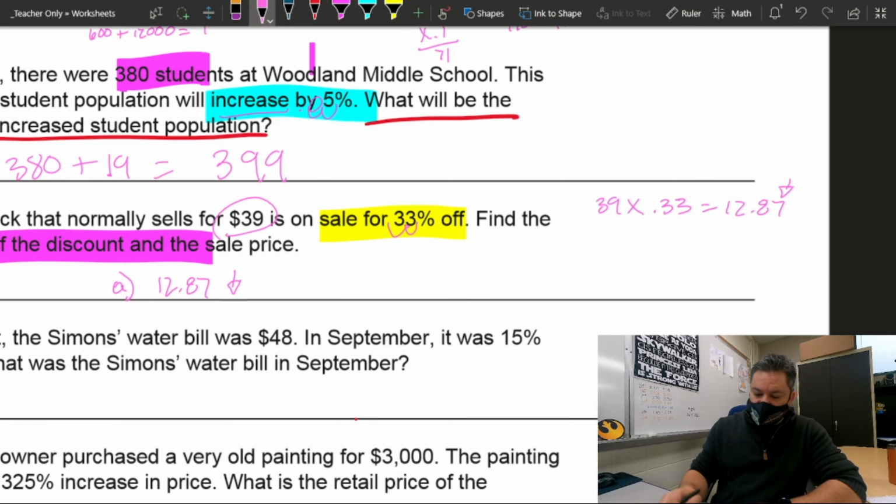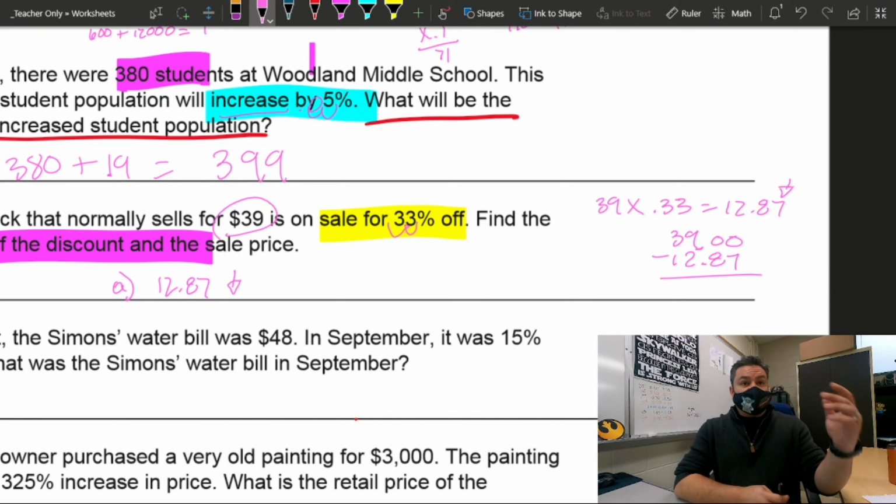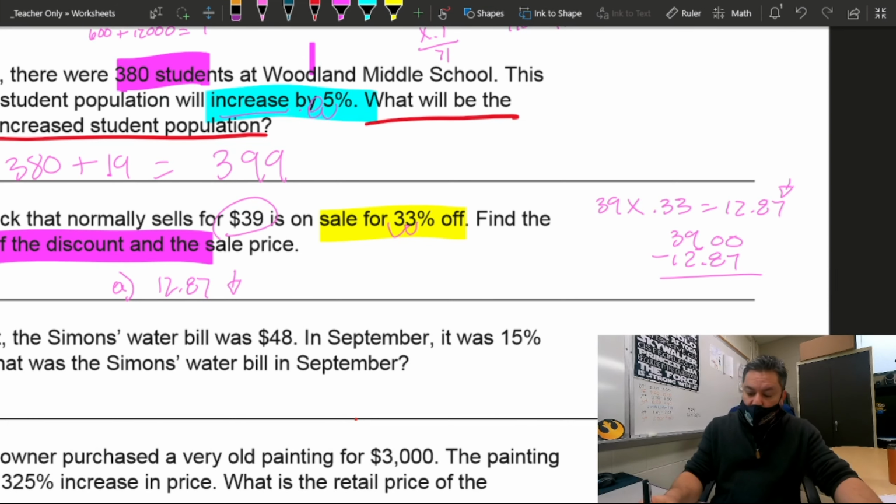So we're going to have to subtract 39 minus 12.87. Oh, you know what? Let me do it like this because this is a common mistake that I've been seeing. 39 minus 12.87. Make sure you line up the decimals and do it like that. Even though 39 doesn't seem to have a decimal, we know that the decimal is at the end.